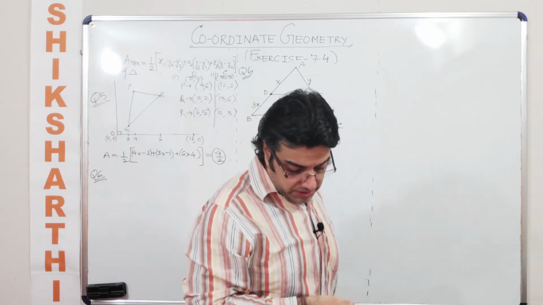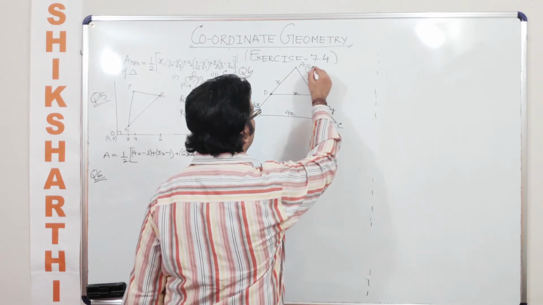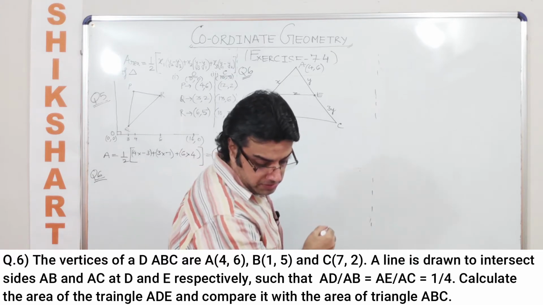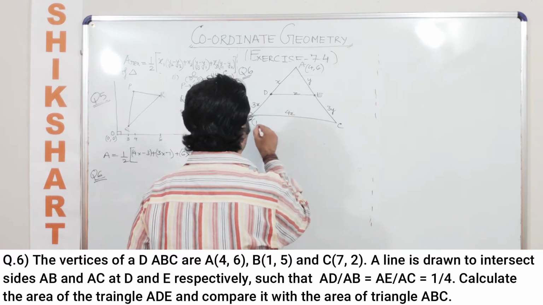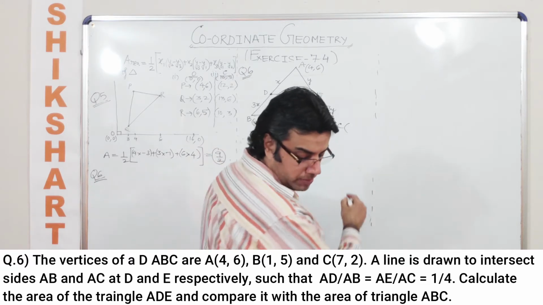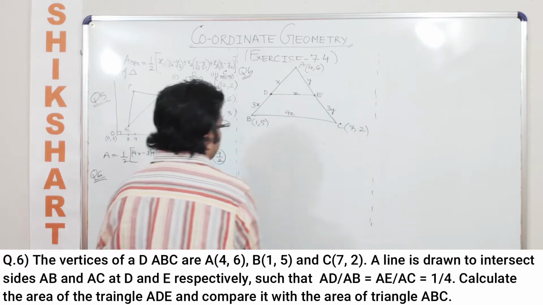I am using the information which is given in the question. The only thing which I have not written here are the coordinates. So if I write down the coordinates, A is 4, 6, followed by B, which is 1, 5, followed by C, which is 7, 2. All I need to find out here is again the area, and I need to relate.